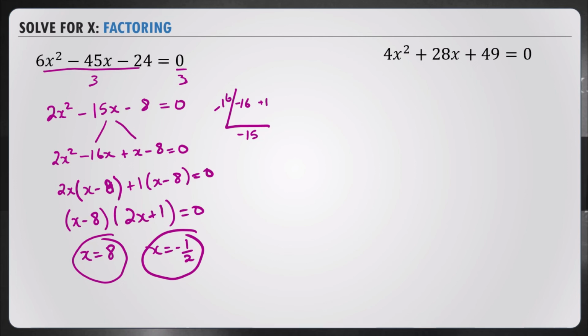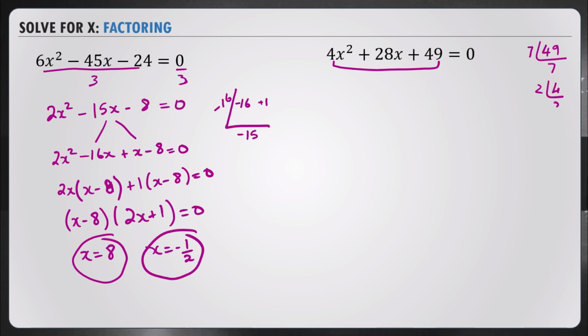Okay, we have 4x squared plus 28x plus 49. None of this can be reduced, so we take our two numbers. Using the box method, the two numbers we have to multiply are 4 times 49. Now, instead of solving 4 times 49, let's write out the factors of 49, which is 7 times 7, and the factors of 4, which is 2 times 2, and try to figure out what would give me the number 28.